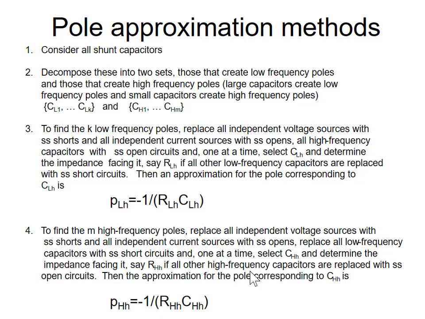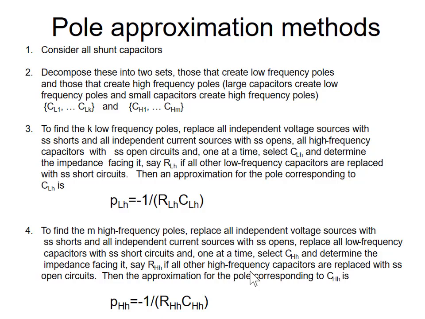To find the K low frequency poles, what we're going to do is replace all independent voltage sources with short circuits, all independent current sources with open circuits. So we're just looking at a small signal model. All high frequency capacitors are replaced with open circuits. And one at a time, we're going to select the low frequency capacitors and determine the impedance it faces if all other low frequency capacitors are replaced with short circuits.